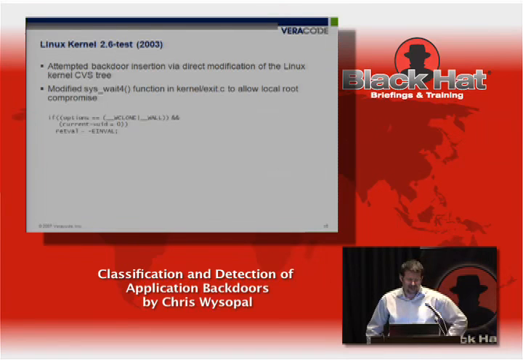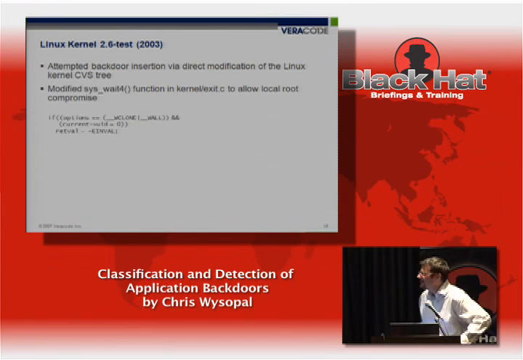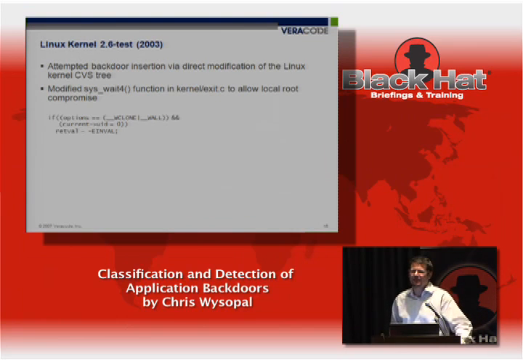That's right. It should be a double equal there in the second line, where it should be checking to see if the UID is equivalent to 0. Instead, it's the assignment operator. So if you called the wait function on a system with this backdoor with the __WCLONE and __WALL variables, you would execute that 1 line of code and set your UID to 0.